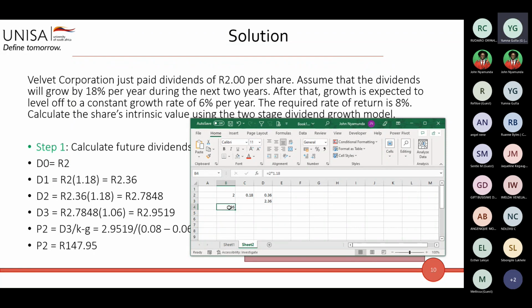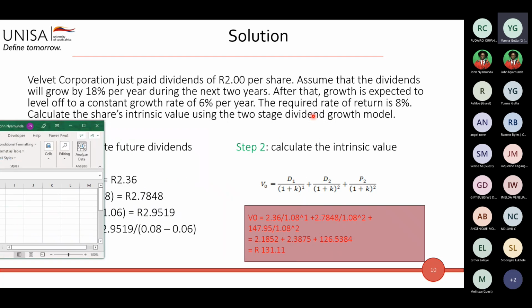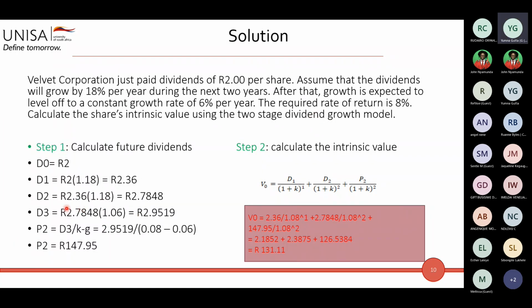In year 1, you're going to receive 2 Rand plus 36 cents. So to make it simpler, you just say 1 plus the growth rate, which gives you your D1 at the same time. I hope you can follow. Are you happy, Angelique? Yes, I'm happy. Thank you.